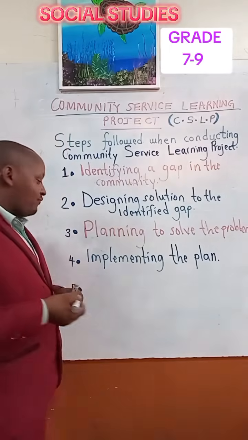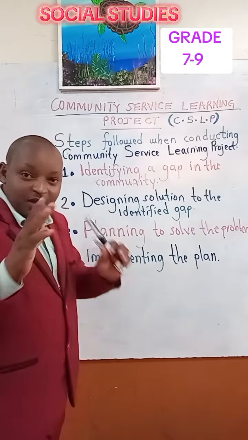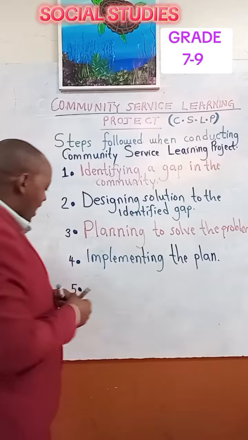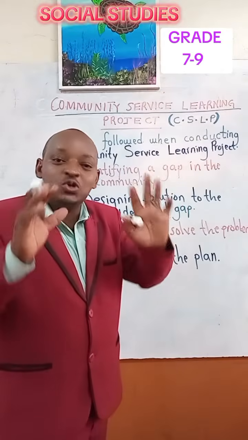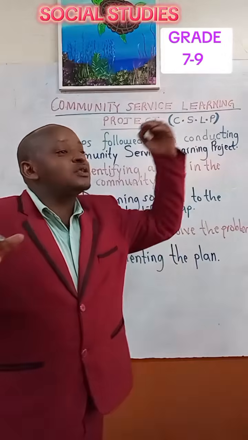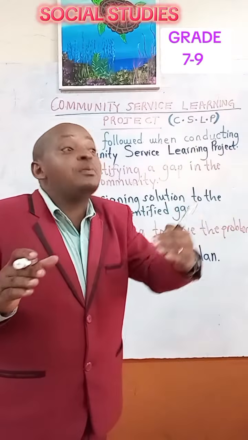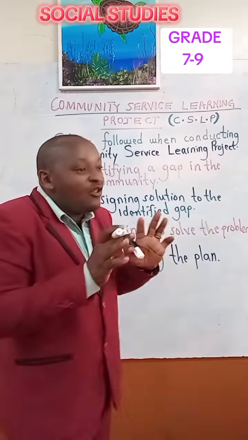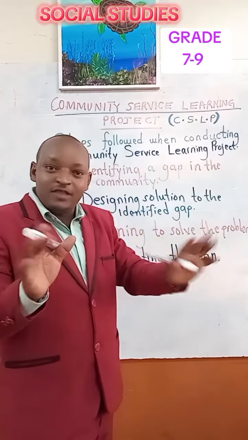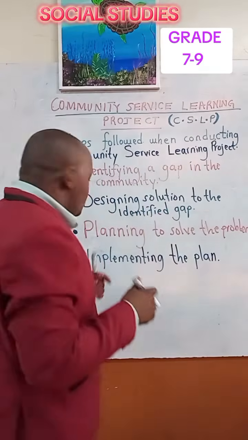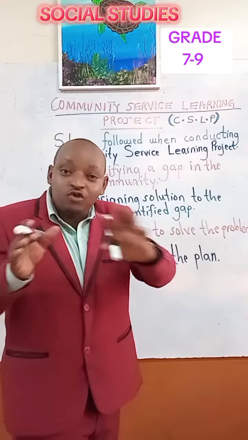Now, finally, after implementing the plan, you come back and see, has the solution satisfied the gap in the community? Is the problem which was there solved? Then you come back and report. Do we have some challenges that we have gone through?